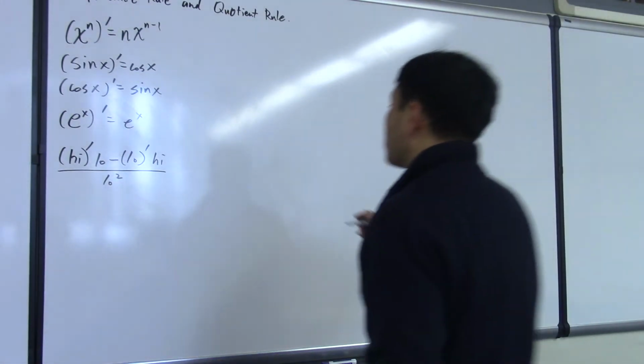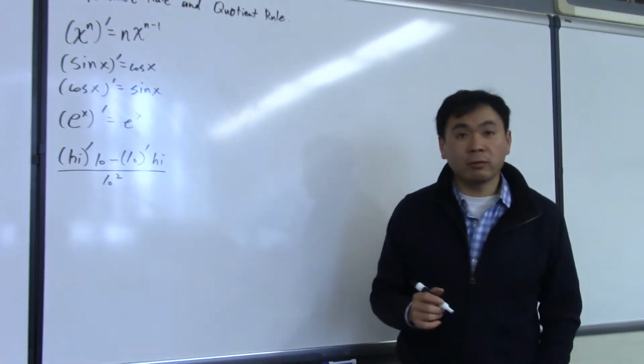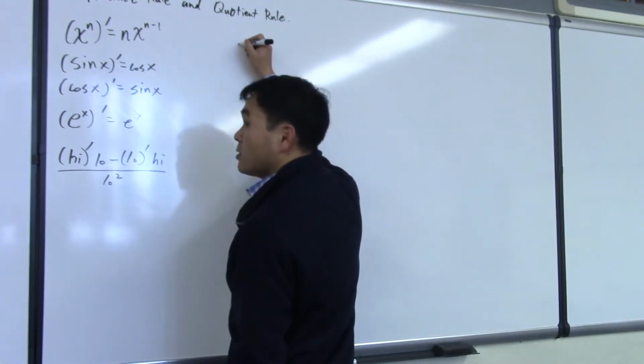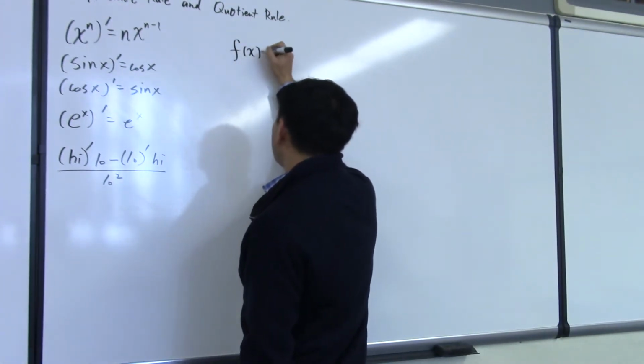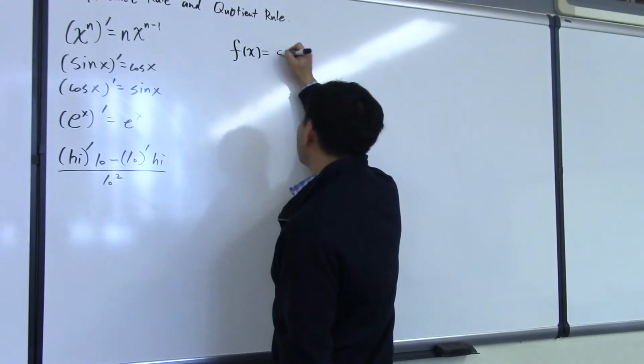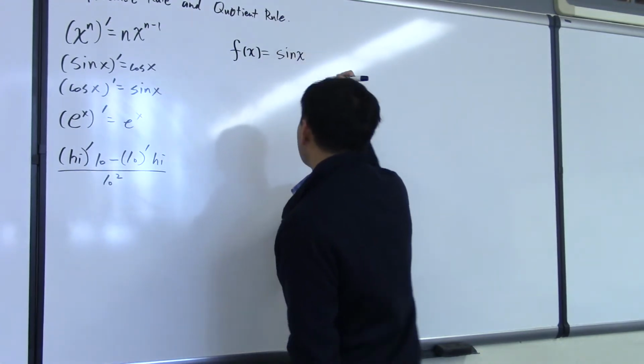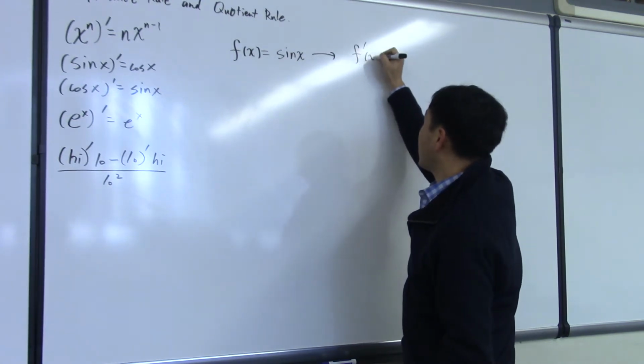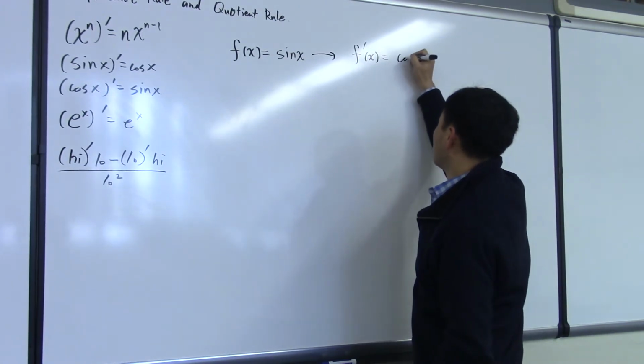Let me talk about a new way of writing the derivative. So far, when we had f of x equals, say, sine of x, we used to say f prime of x is equal to cosine of x.